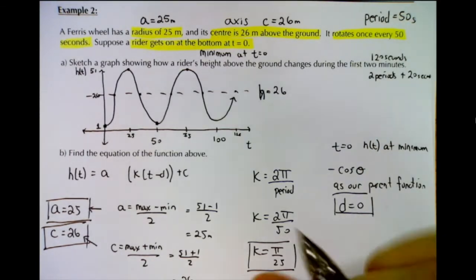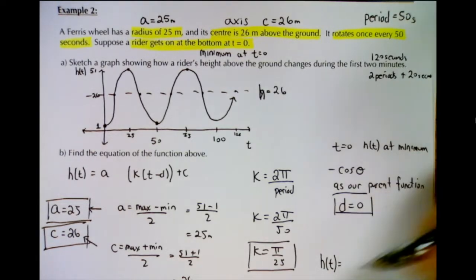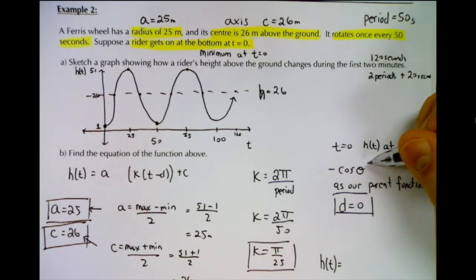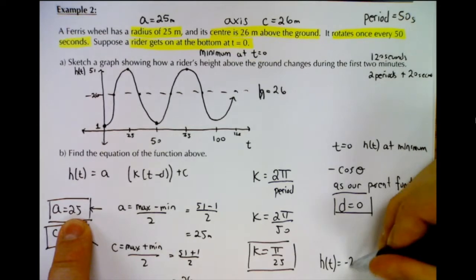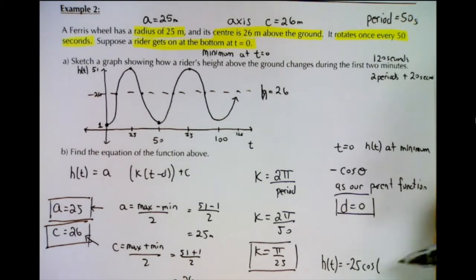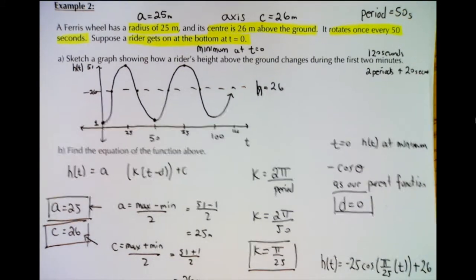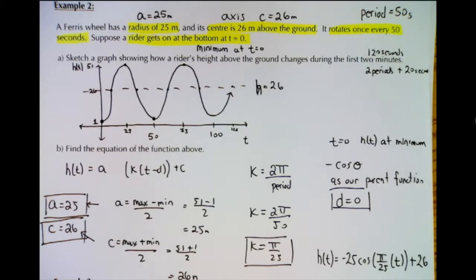And now you can complete your equation. H of t equals negative 25 cos, we've got a k of pi over 25, t, no d, plus 26. And there's the equation of our function.